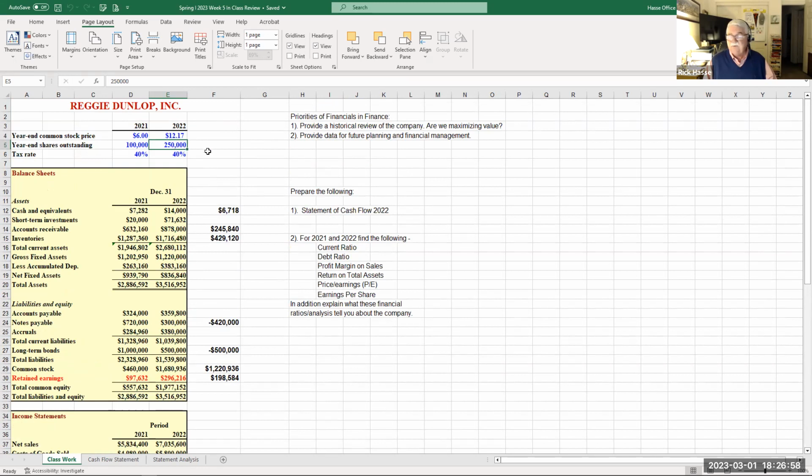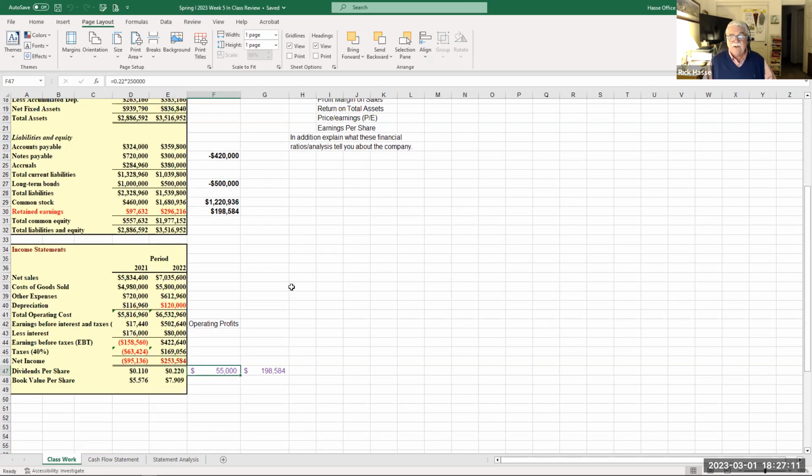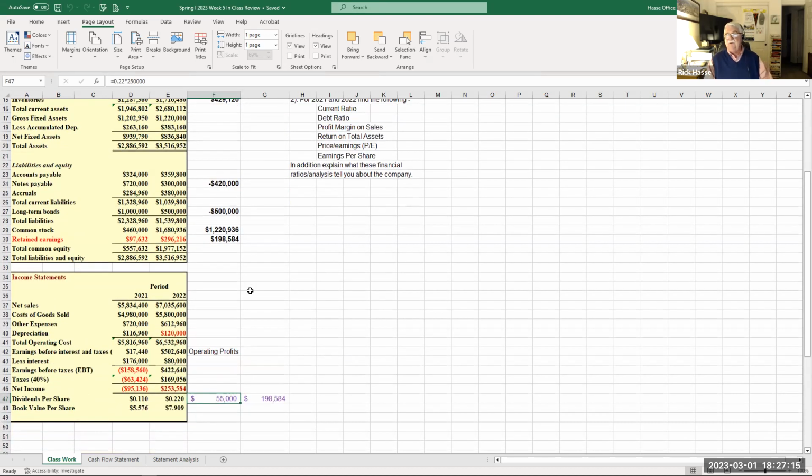If you take 250,000 shares of stock and multiply it times 22 cents a share, that means the company paid out $55,000 in dividends. So when this company closed the books for 2022, they closed out all the revenue, all the expense, and the dividends account, exactly what you're doing in assignment 3. And they closed those accounts to retained earnings.